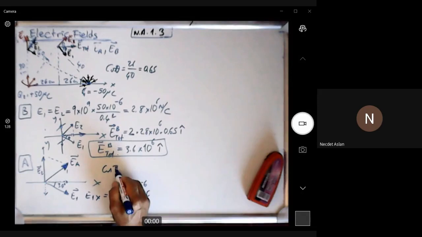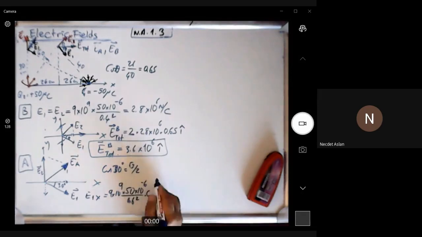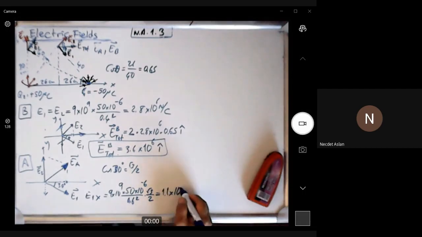As you see, cosine 30 is square root of 3 over 2. So the result is that the x component is just 1.1 times 10 to the 6 Newton per coulomb.